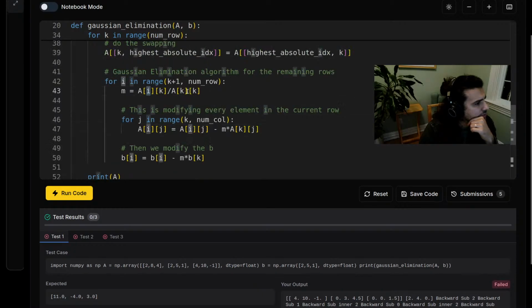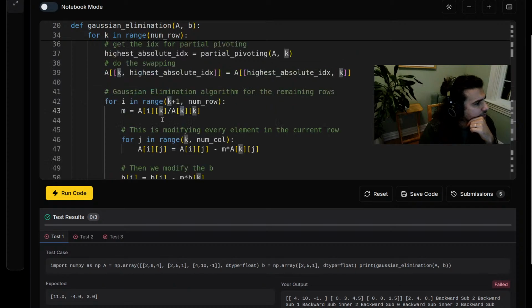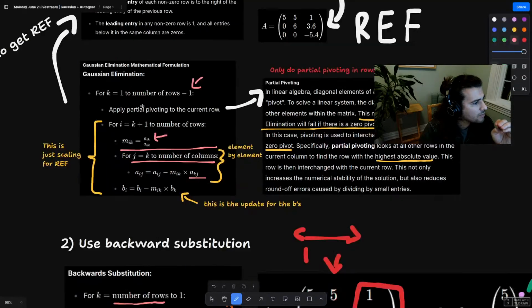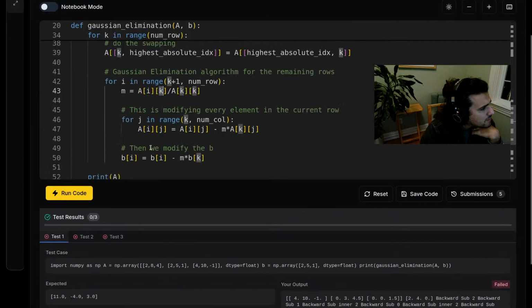This is a row, this is a column, so we're going one row below, but we're staying within this column. And then we divide them by the current element, KK, yeah.